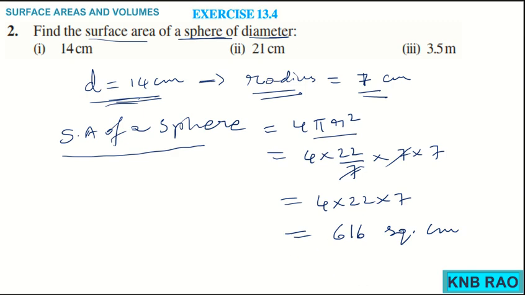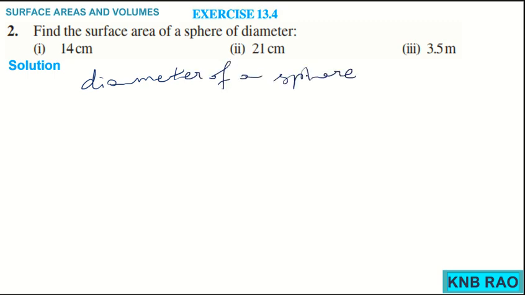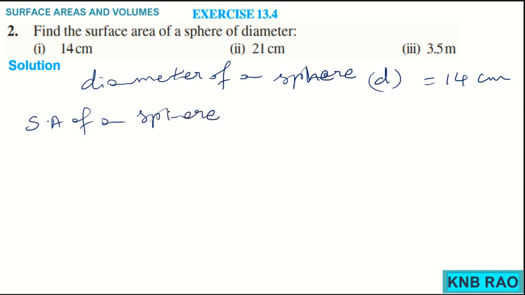What is another way of doing? Let me show you. Here in this, diameter is given. So, diameter of a sphere we have got D as 14 centimeter, where surface area of a sphere formula we know that. So, surface area of a sphere formula is 4 pi r square.